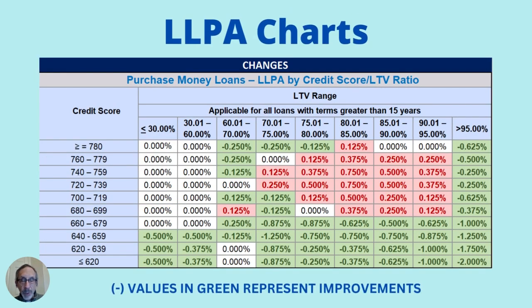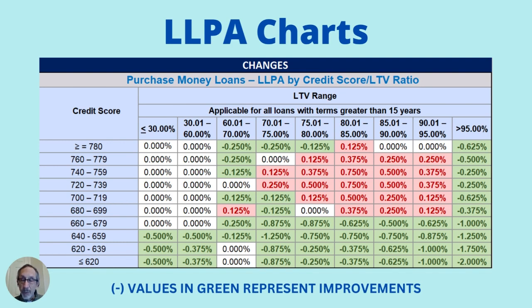So what we did is we put together this chart we call a heat map, but it's the changes. The values in green represent improvements. In other words, Fannie and Freddie are not charging the lender as much as they were before, and the values in red they're charging more.